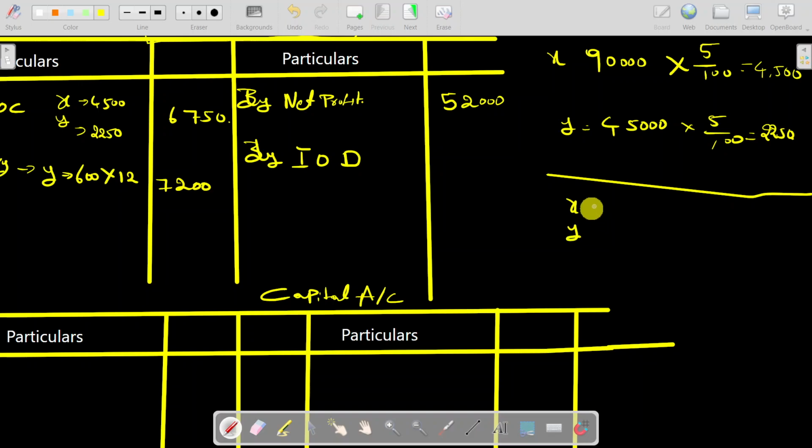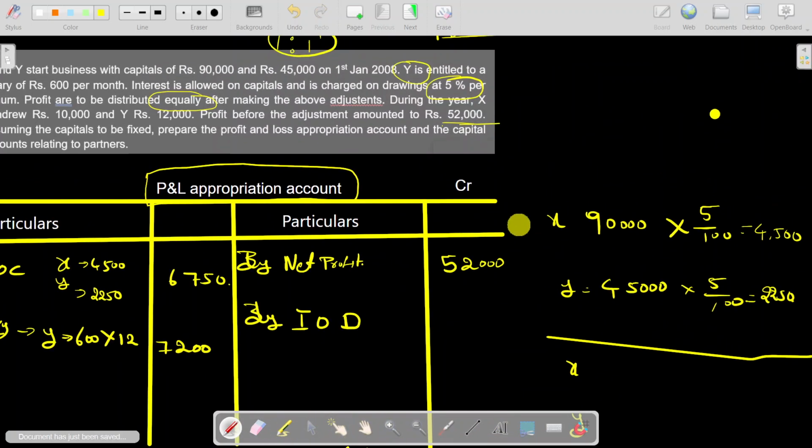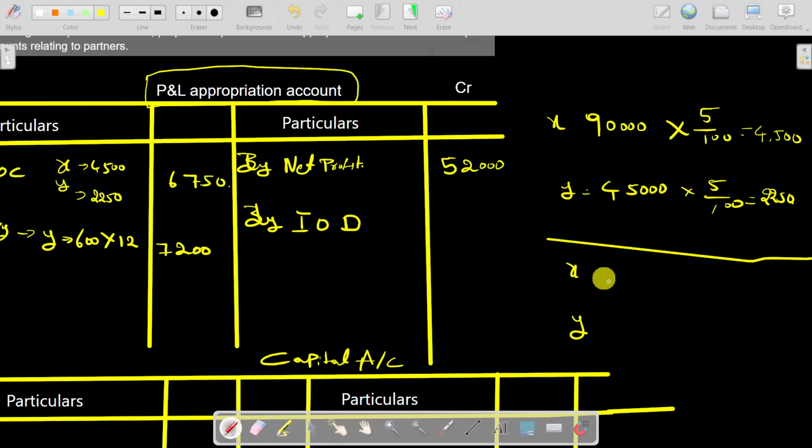X and Y. How much X is taking? X is taking 10,000. Y is taking 12,000. Right. And how much interest on drawings? 5%.